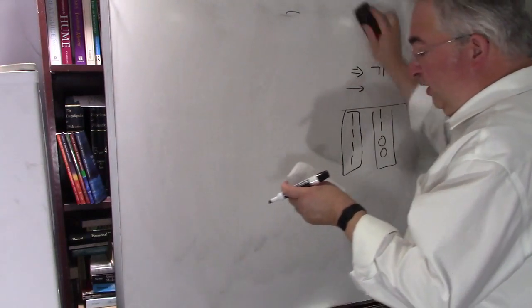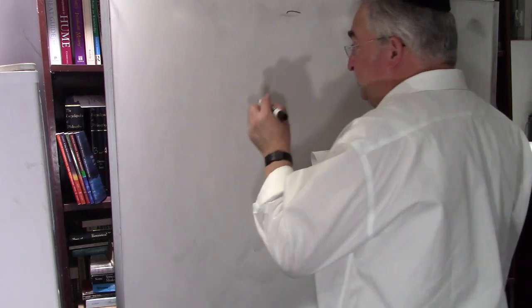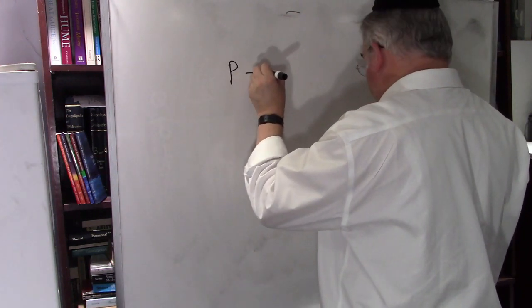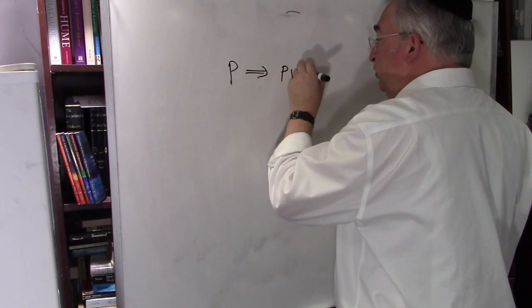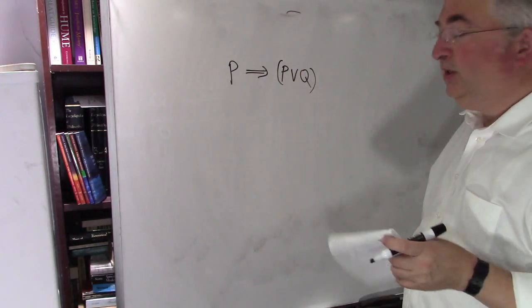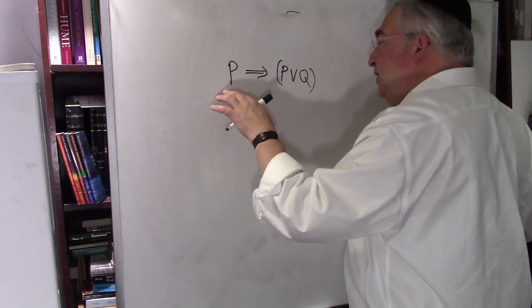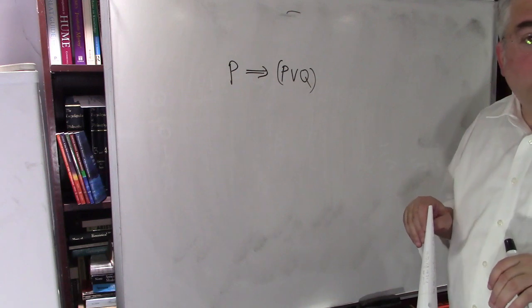Let's go through 4 other examples. I'm just going to state them. P implies P or Q. If P is true, then P or Q is true. Let's say, if the Mets are good, then the Mets are good, or the moon is made out of green cheese.